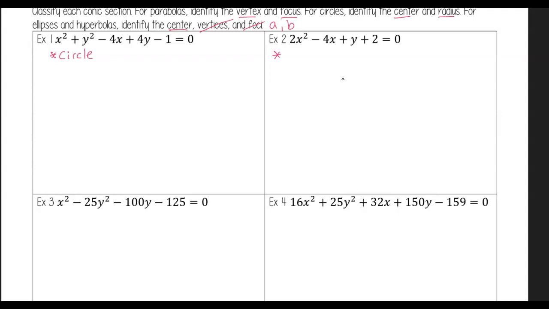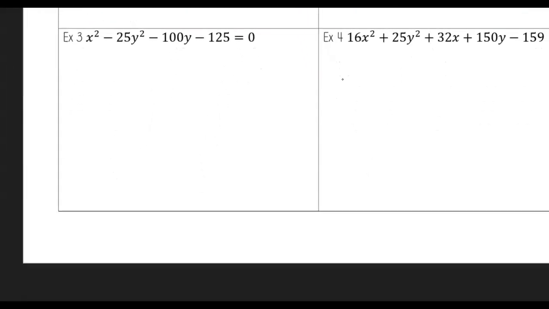It's a parabola, because there's only one square. When there's only one square, it has to be a parabola. What about example 3?